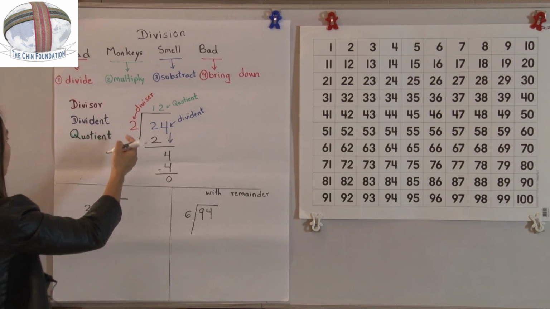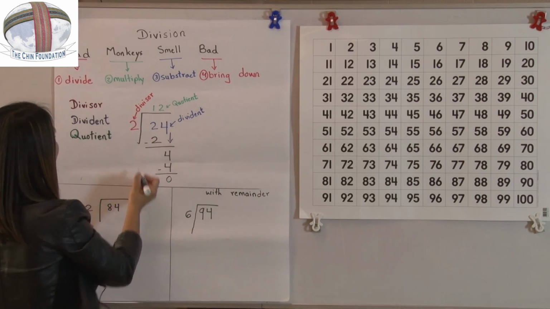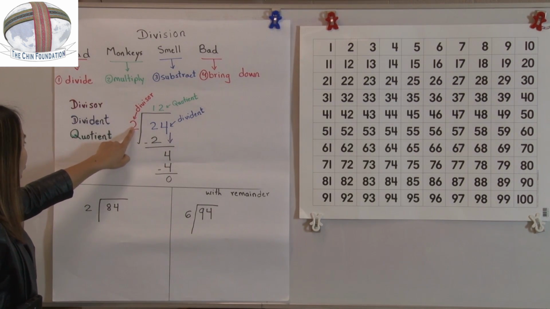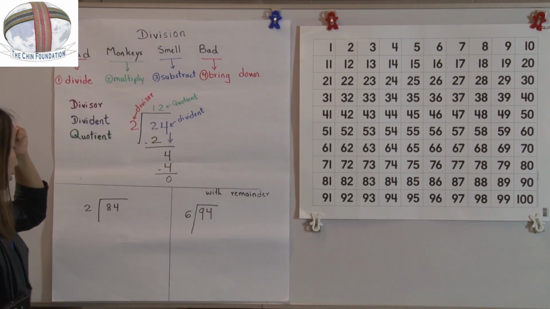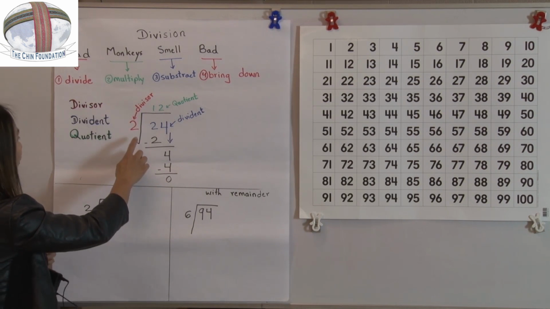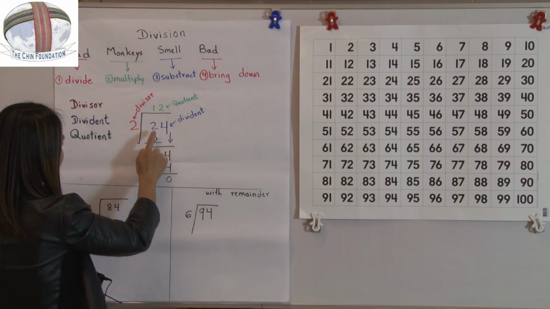Okay, so this is 2. So first we need to divide. How many 2 will go into the number 2? So I think it will go into the 1. So we put 1 over here. 1 of 2 goes into the 2.